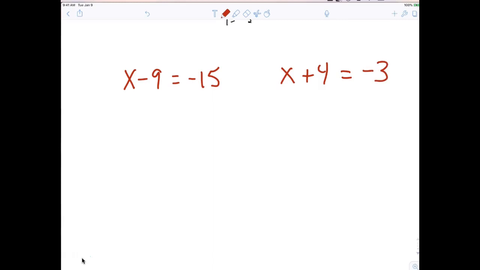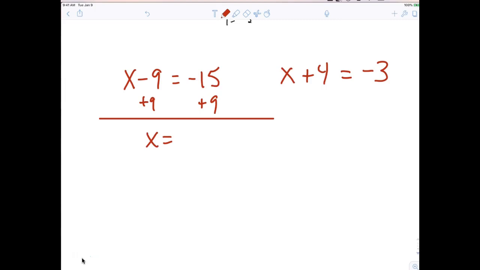Okay, look up. So how do I get rid of the subtraction? Add. So this one is just going to be plus 9, plus 9. Now, are the signs the same or are they different? So we always subtract. What's 15 minus 9? 6, right?